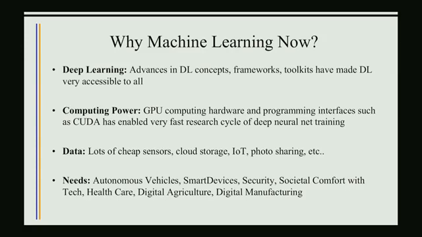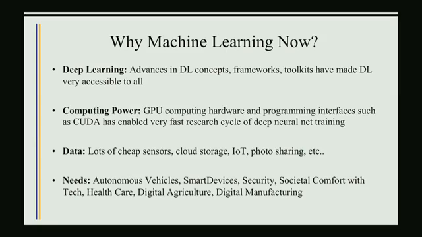Deep learning happened in part because of the computing power. The computing power came in part because deep learning needed the computing power. We're collecting lots of data with cheap sensors that are basically everywhere, with cloud storage, because we can do stuff with that data. So the three things are combining together in a virtuous way to really enable this technology now.